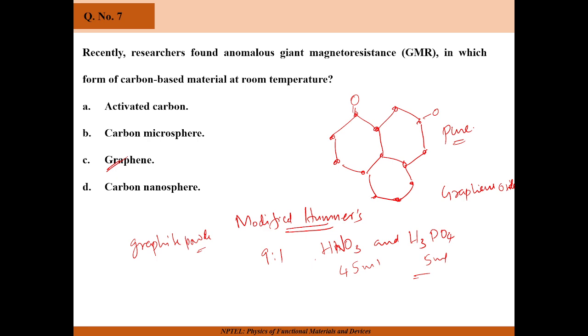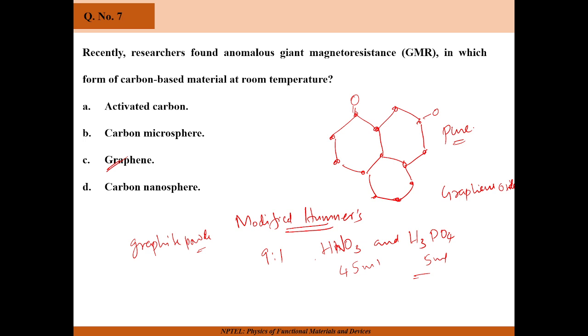So what you do is dilute the solution by adding some deionized water. The solution contains HNO3, H3PO4, graphite powder and KMnO4, and you dilute that. For example, if you currently have 50 ml of solution, you add around 150 ml of DI water and make it a very dilute solution, and then you start adding the H2O2.